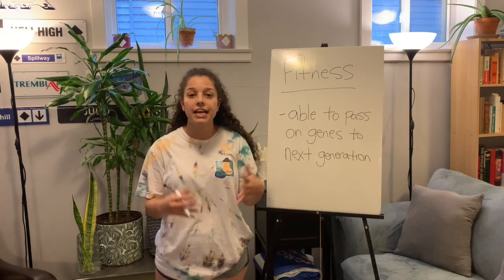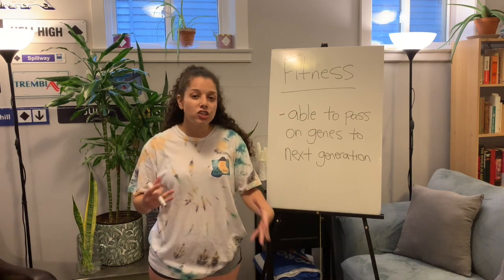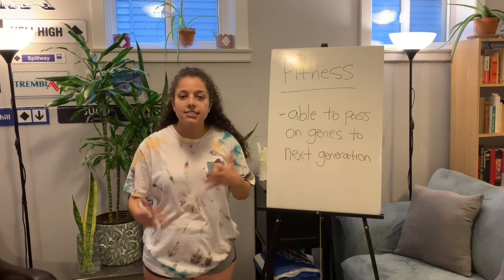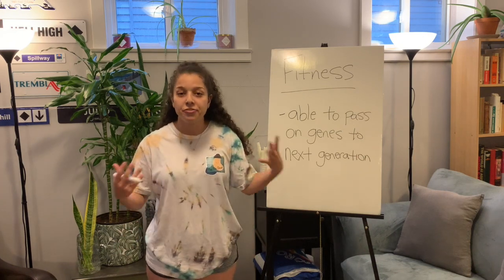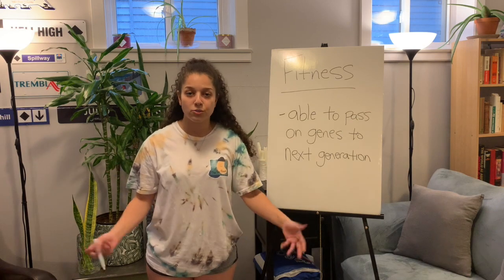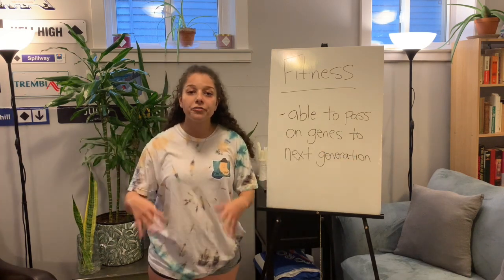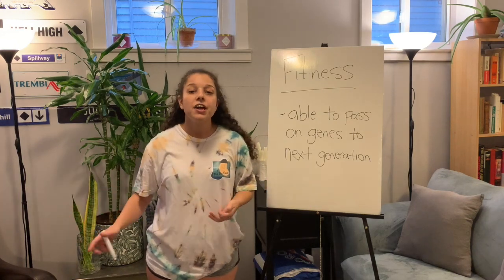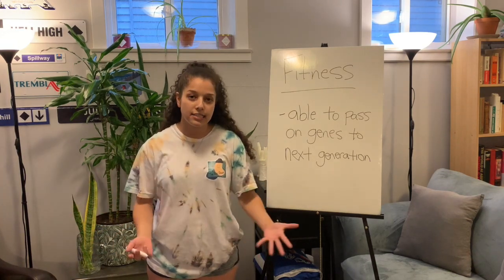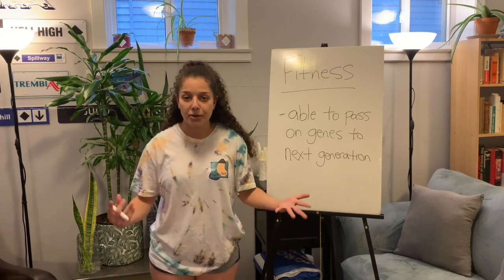So in the case of our HIV example, the variation that gave the HIV the ability to evade AZT had the highest fitness because they were able to produce the most offspring. So they were able to spread their genes much more than all of the other variation in the HIV that did not allow it to evade AZT and therefore did not allow them to continue to replicate and spread.